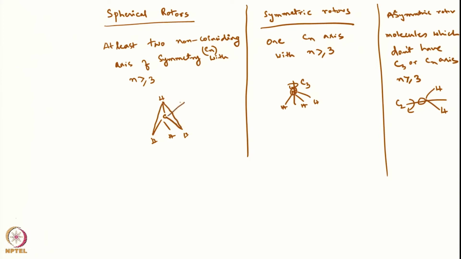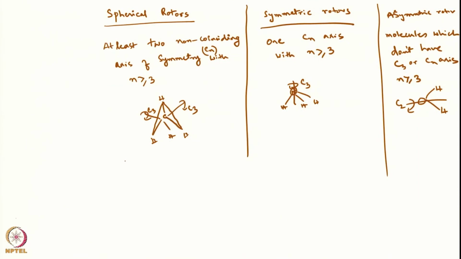So, there will be one C3 axis here and this is another C3 axis. Since there are two C3 axes which do not coincide with respect to each other, methane becomes a spherical rotor. So, that is how you classify. One can take a look at the textbooks and they will list out how various molecules are classified as spherical rotors, symmetric rotors and asymmetric rotors.